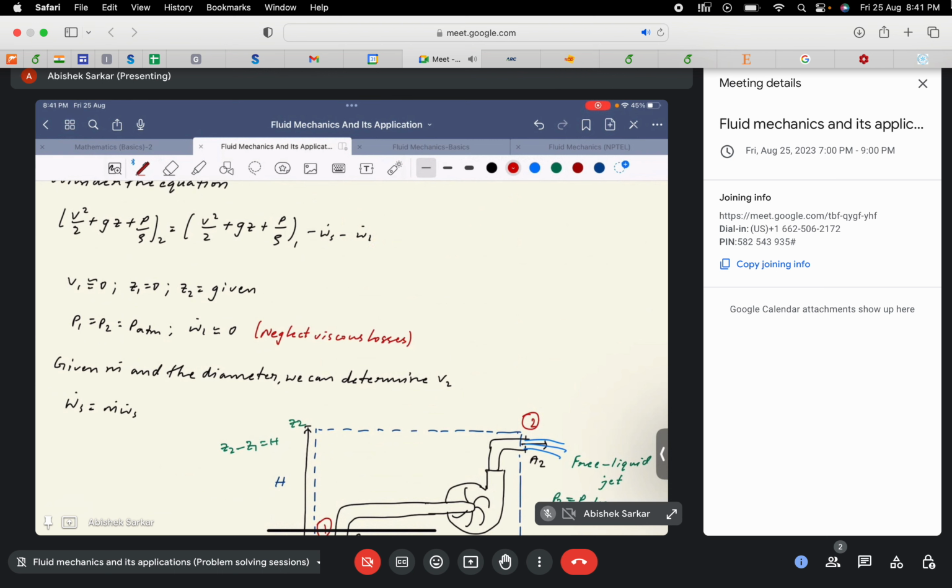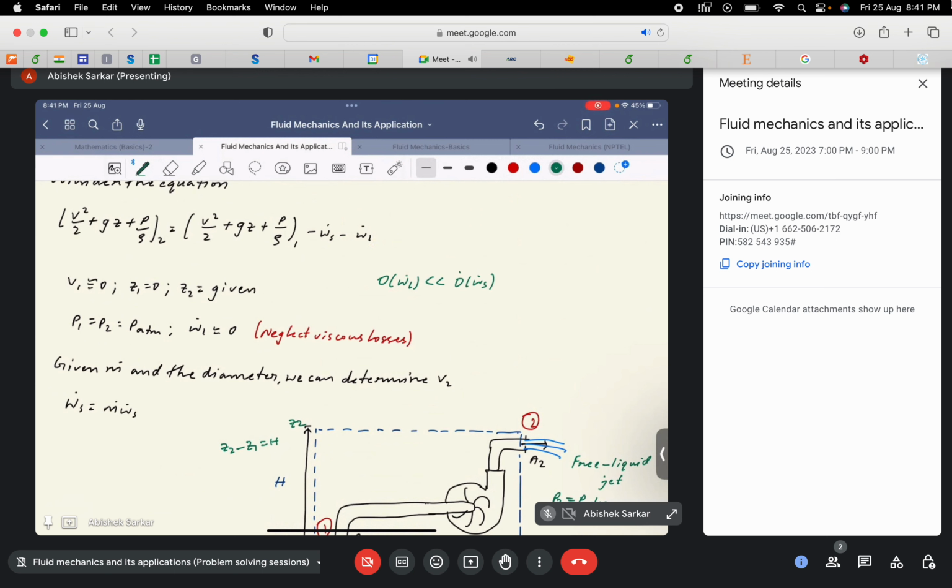But as engineers, the order of magnitude of these terms turns out to be very significant in the analysis of this energy equation. We can see that the order of magnitude of the viscous losses is much less compared to that of the shaft work.